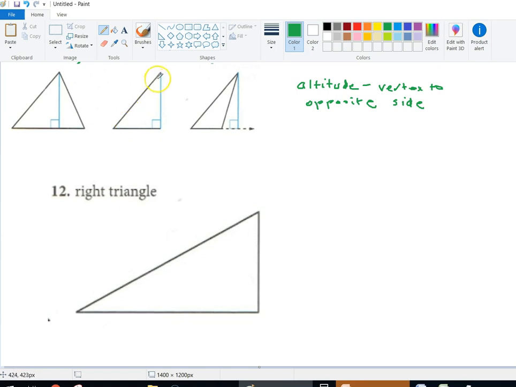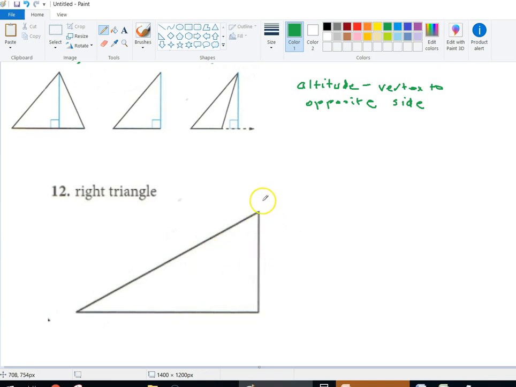In a right triangle, what happens is, here's a vertex, and if you drop at a 90-degree angle to the other side, that's actually a side of the triangle. So with the right triangle, which is what we have down here, this is what happens.